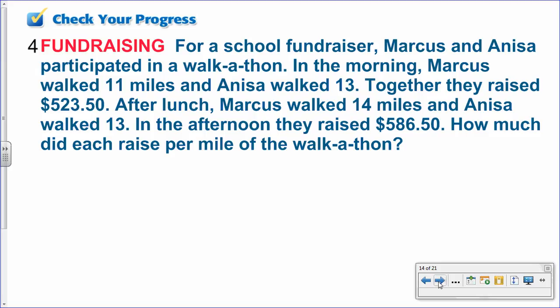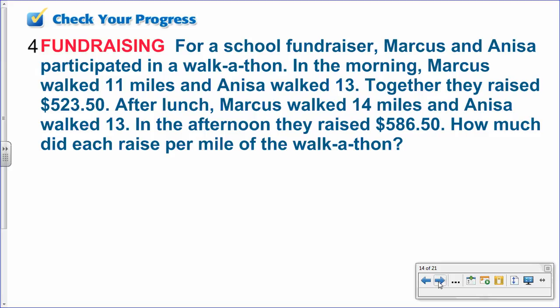In the morning, Marcus did 11 miles and Lisa did 13, which raised 523.50.